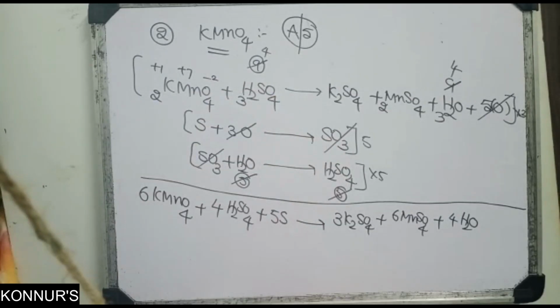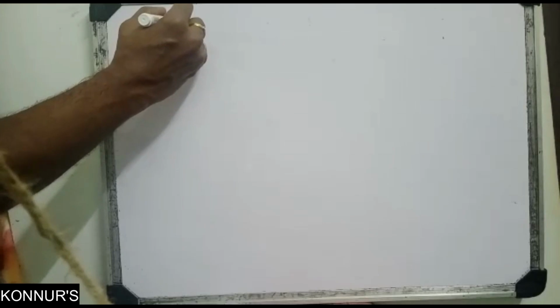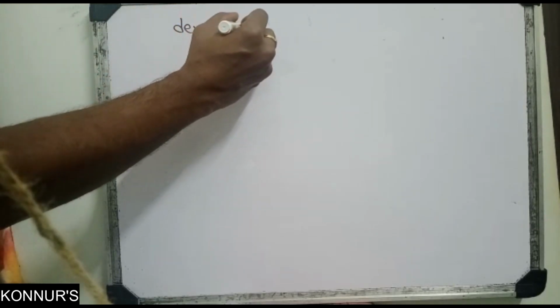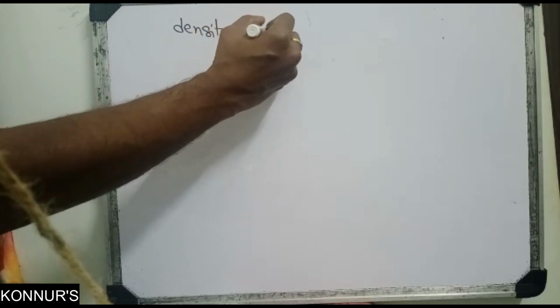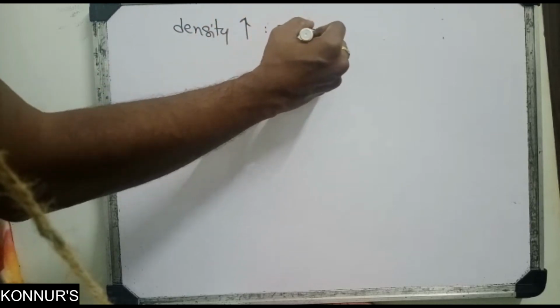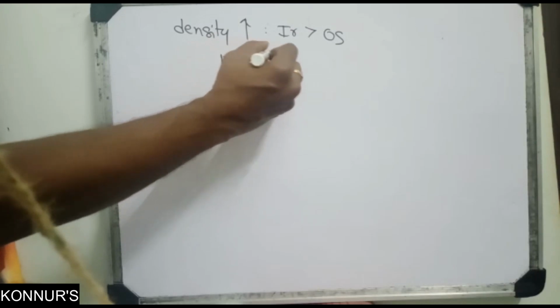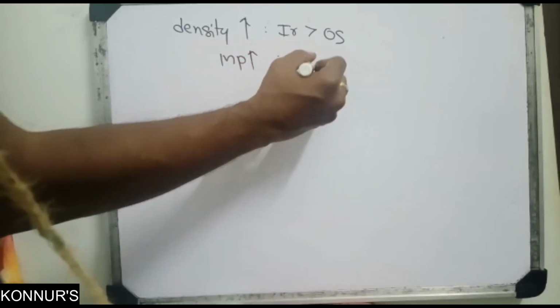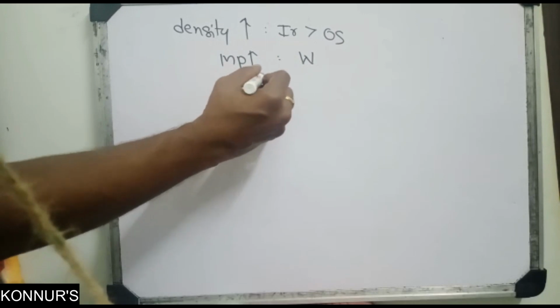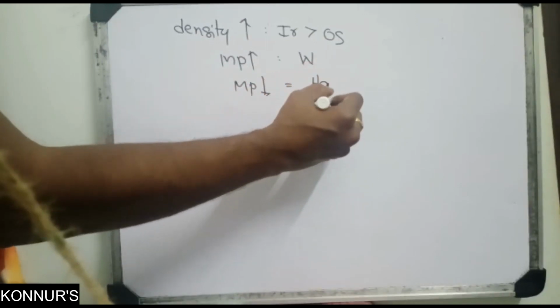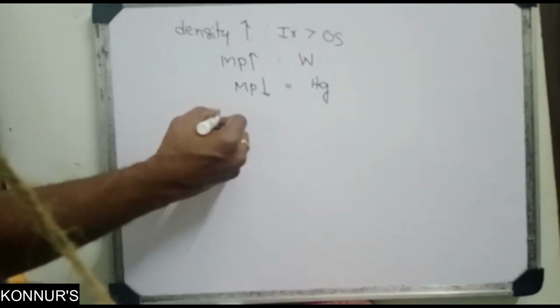Next, some important points in this chapter. Density: highest density is what? Iridium is greater than osmium. Highest melting point is tungsten. Lowest melting point is mercury. Next, iron.